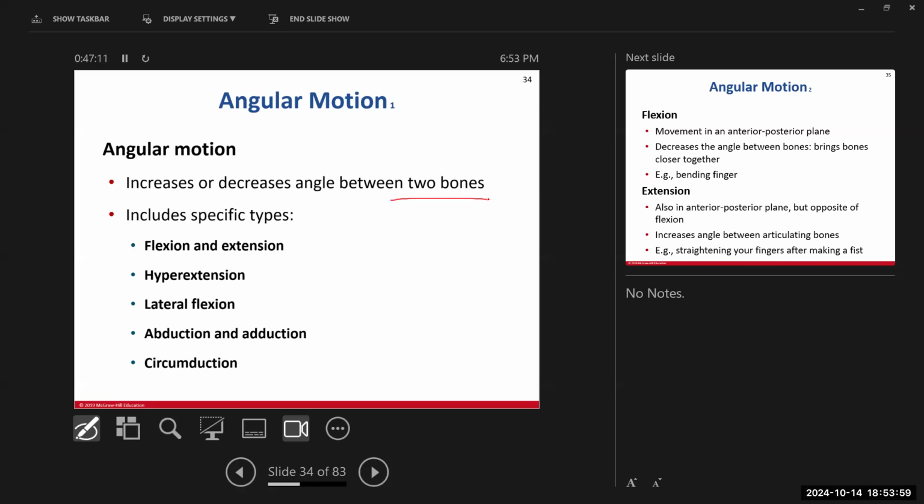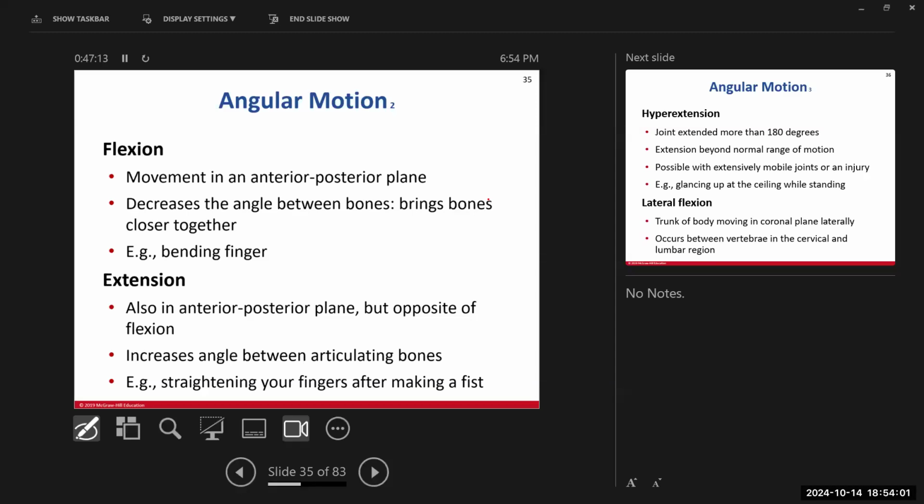So, speaking of flexion, keep in mind we're moving in what we call the anterior posterior plane. What does that mean? Front to back. So if I flex my elbow, I decrease the distance between the radius and ulna and the humerus.